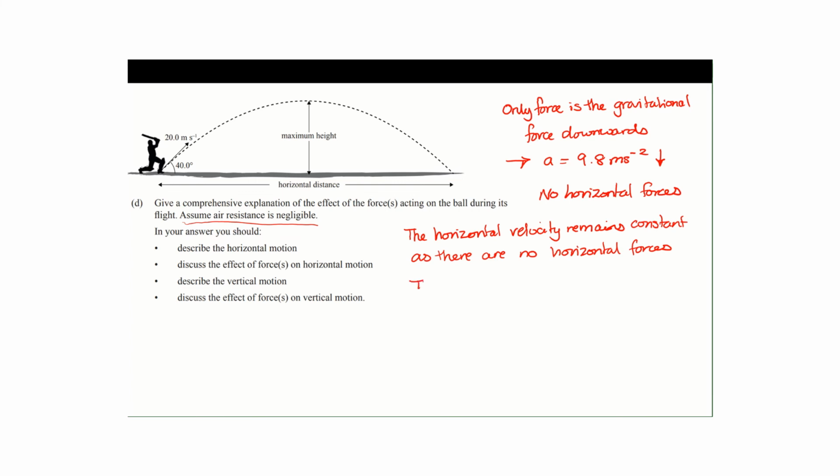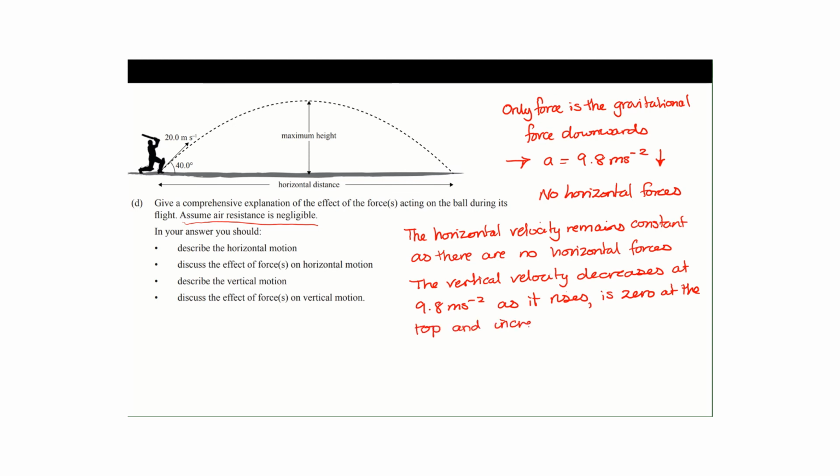Vertically, the vertical velocity decreases at 9.8 as it rises, is 0 at the top, and increases at 9.8 as it falls, due to the downward force of gravity.